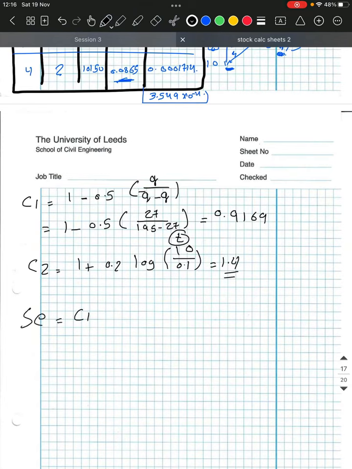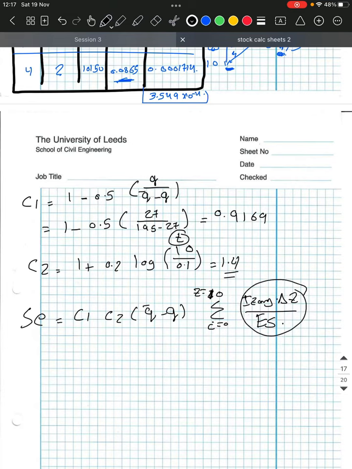I have everything. So SE, remember, is C1 multiplied by C2, Q bar minus Q, summation from I equals 0 to Z, which is now for us 10, IZ average delta Z over ES. We calculated this.